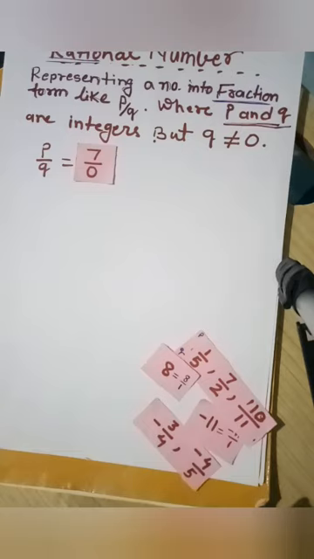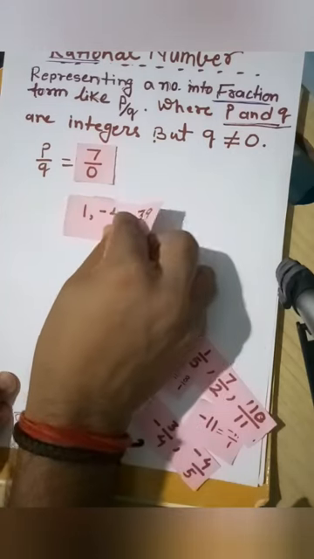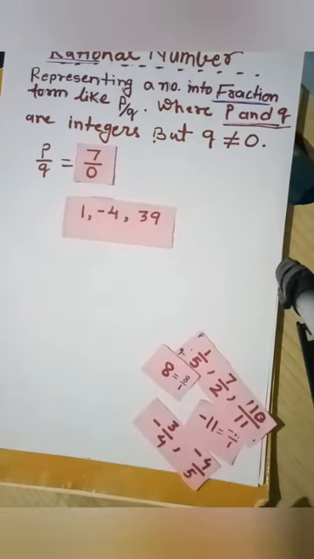My next question or next examples are here, where all these numbers are rational numbers. If you think one is not, you can write in the comment. I'll respond to it. Now we have one more very important one.